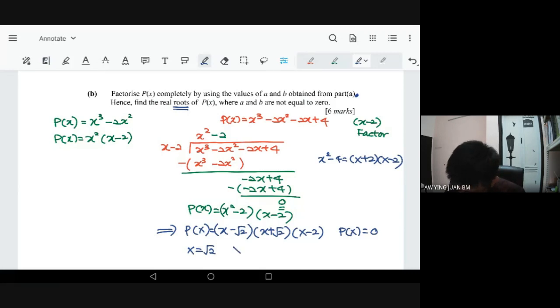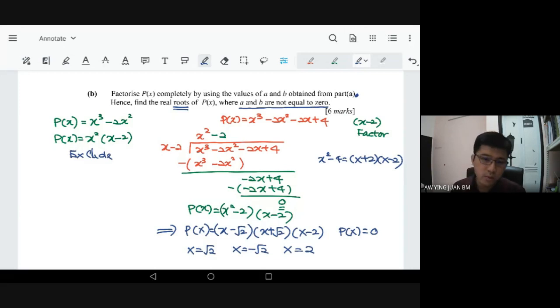Second root, x equals negative square root of 2. The third root, x equals 2 when p(x) equals 0. For this case, we exclude it because they mentioned that a and b are not equal to 0. Hopefully you can understand what I'm trying to discuss. So that is the situation for this part.